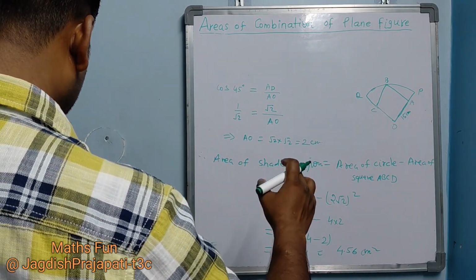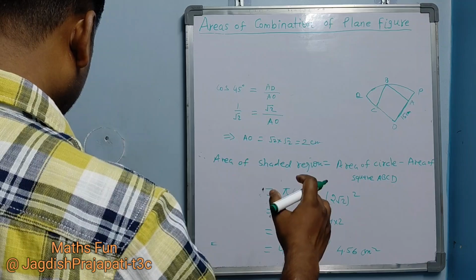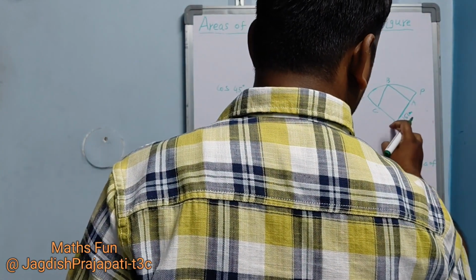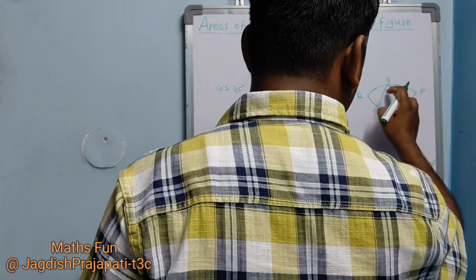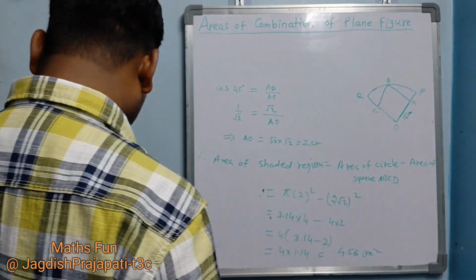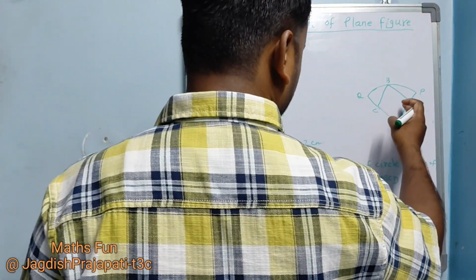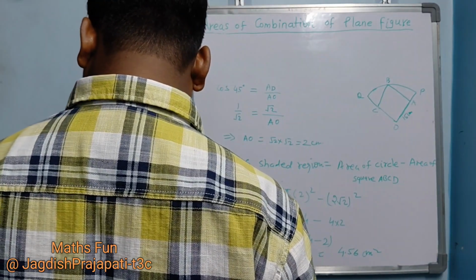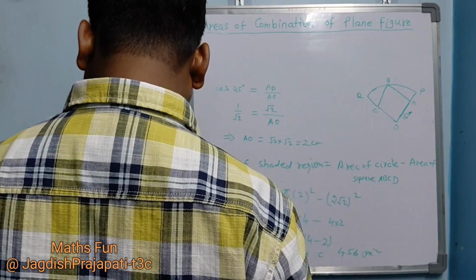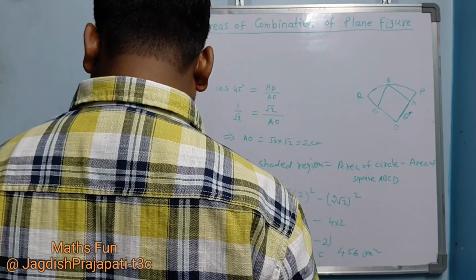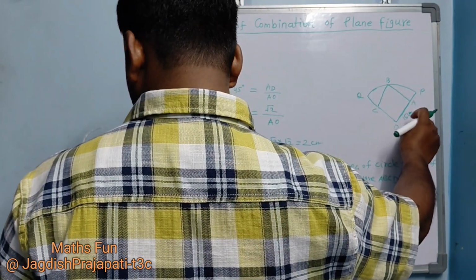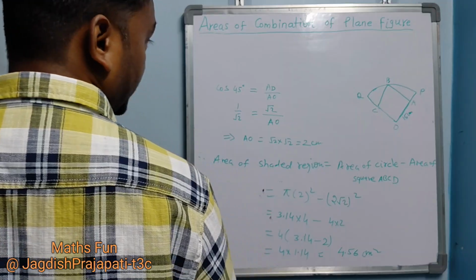So in this figure, OABC is a square. It means every side will be equal. If OA, one side, is given 15 centimeter, find the area of the shaded region.